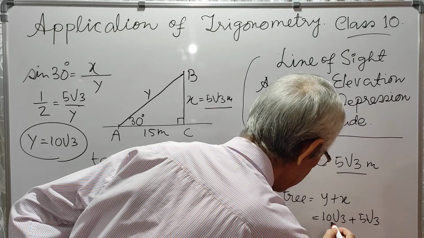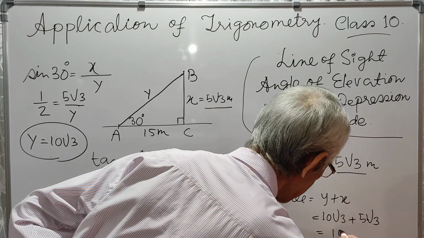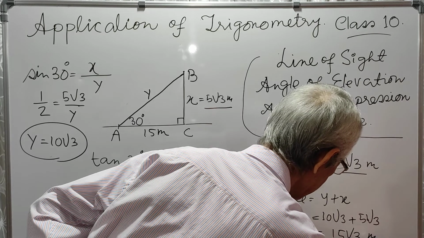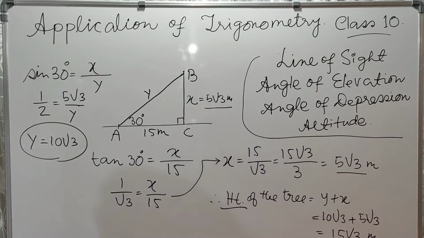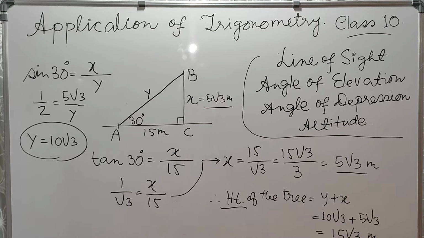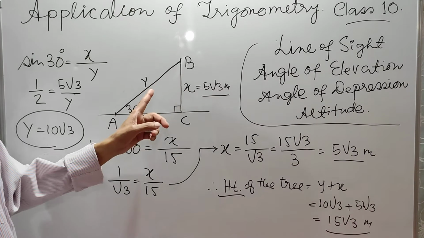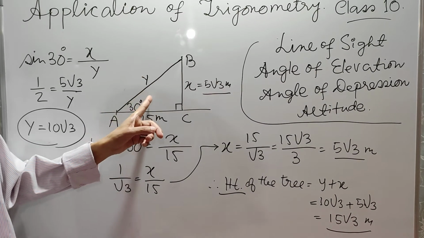Now 10 root 3 plus 5 root 3 will be what? 15 root 3. So 15 root 3 meter. This is the height of the tree. So what is the height of the tree? 15 root 3.